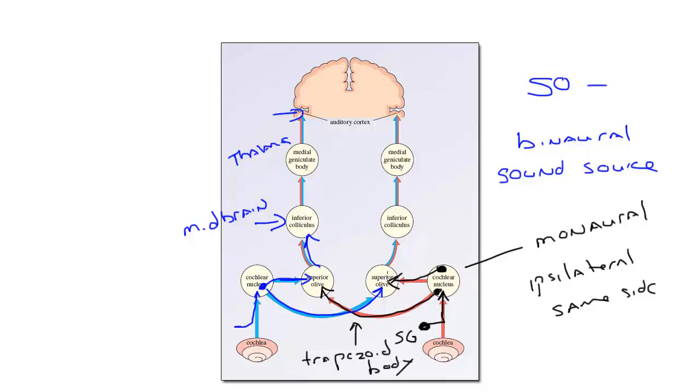In the SO, the superior olive, getting inputs from the cochlear nucleus on the same side and the cochlear nucleus on the other side, the neurons are going to use features of sound. So what is the intensity of sound that falls upon the two ears? And what's the timing of sound that strikes the two ears? The SO will use those cues in order to figure out sound source.